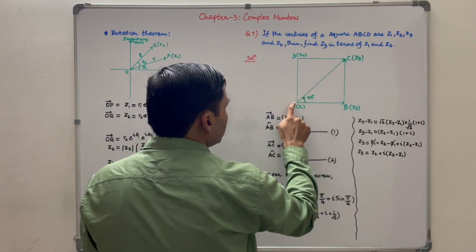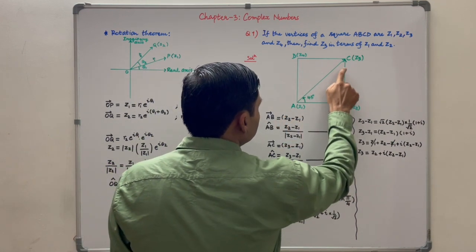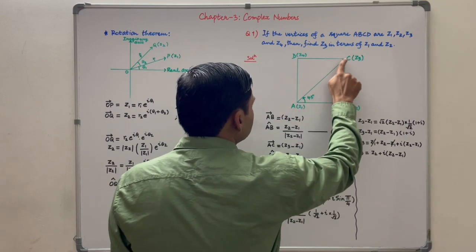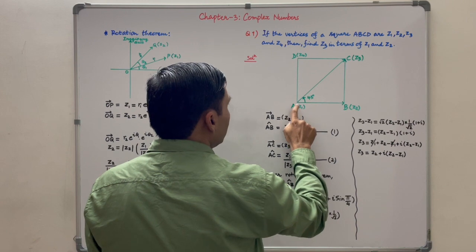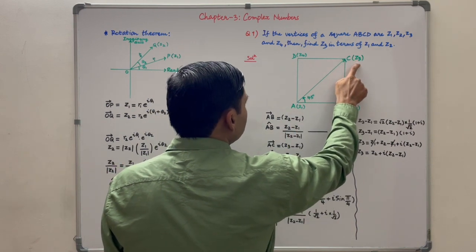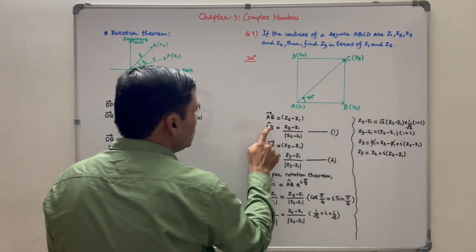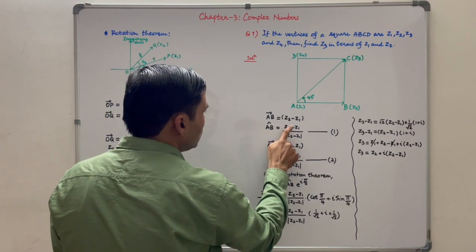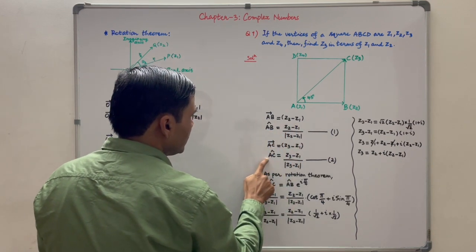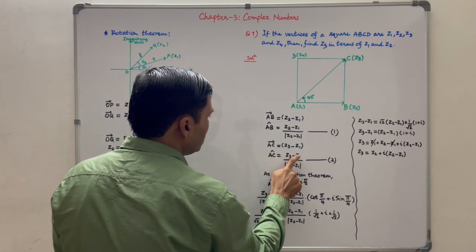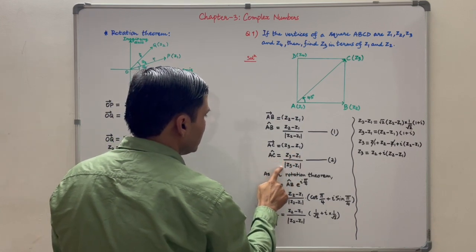So we can say that vector AB plus vector BC is equal to vector AC. Vector AB is equal to Z2 minus Z1 and vector AC is equal to Z3 minus Z1. Unit vector AB is equal to Z2 minus Z1 upon mod Z2 minus Z1. Unit vector AC is equal to Z3 minus Z1 upon mod Z3 minus Z1.